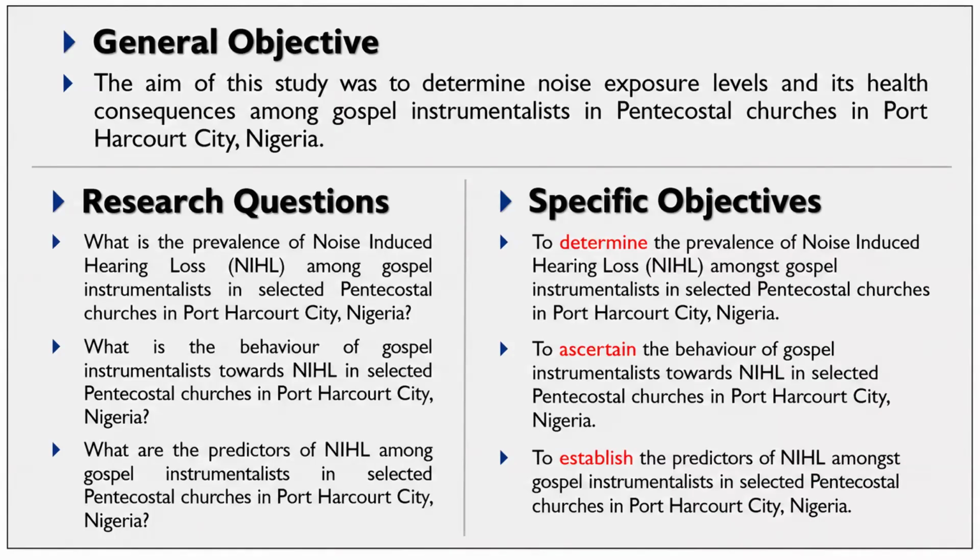The first one is to determine the prevalence of noise-induced hearing loss among the population. The second one is to ascertain the behavior of gospel instrumentalists towards noise-induced hearing loss. The third one, to establish the predictors of it. So you would see those verbs. You can interchange the verbs. At some time you use determine, at some times you use ascertain, at some times you use establish.